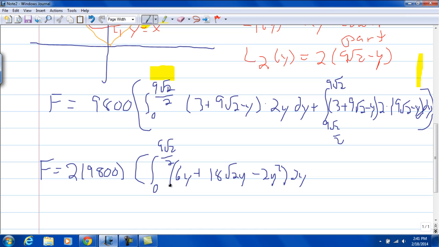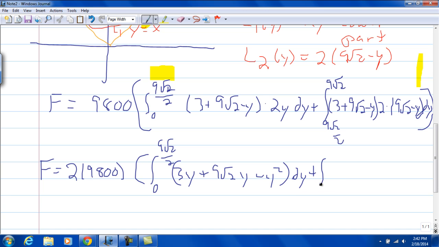Oh, I already brought the 2 out. Oops, I can't do that. Let me go back and erase. So it would be 3y plus 9 root 2 y minus y squared dy.